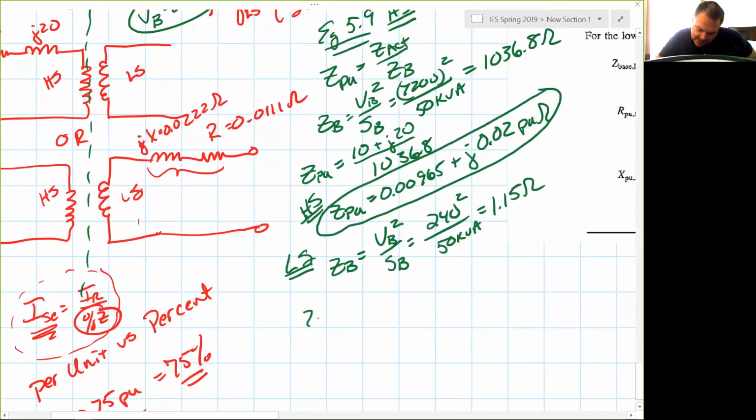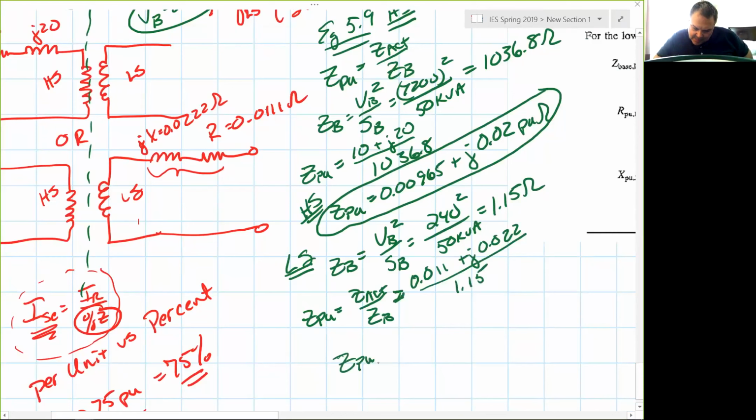And ZPU equals Z actual over Z base, which would be 0.011 plus J0.022 over 1.15.